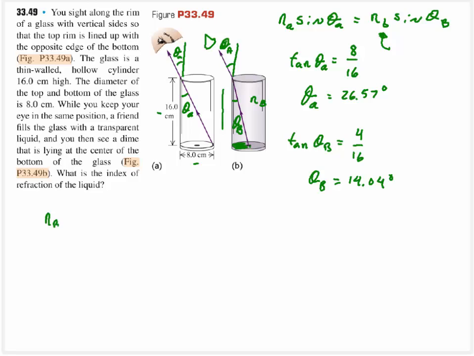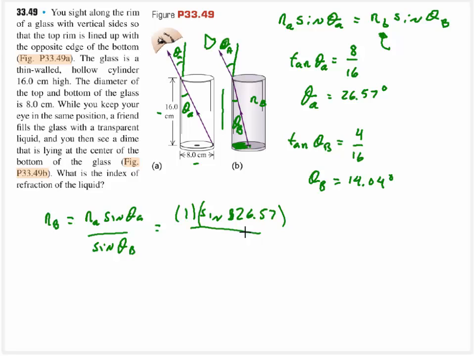So we're going to say index of refraction for object B is going to be equal to the index of refraction of A, sine theta A, divided by sine theta B. Index of refraction of air is just going to be 1. And then we're going to have sine of theta A, so sine of 26.57, and then sine of 14.04. That's going to give us our index of refraction of the material to be 1.84.